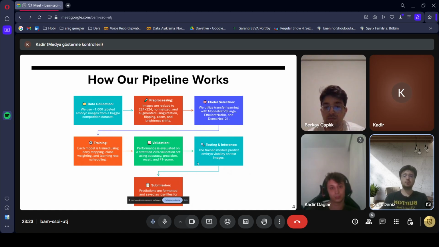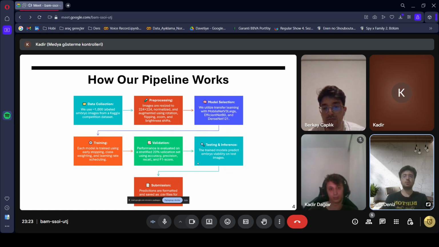Then we initialize our pre-trained models, MobileNet V3 Large, EfficientNet B0, and DenseNet 121, without their classification heads. We attach custom fully connected layers and compile the models with a binary cross entropy loss.